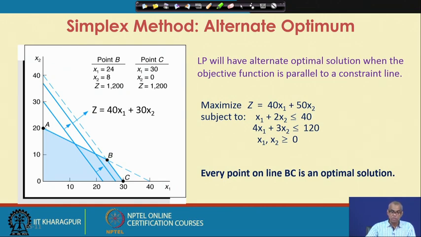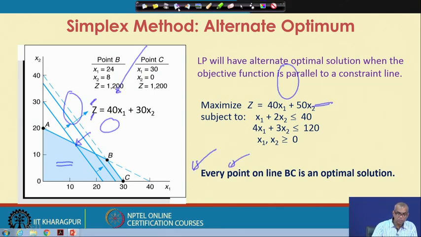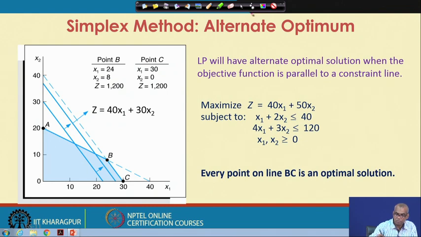The figure shows that the objective function line is parallel to line BC.